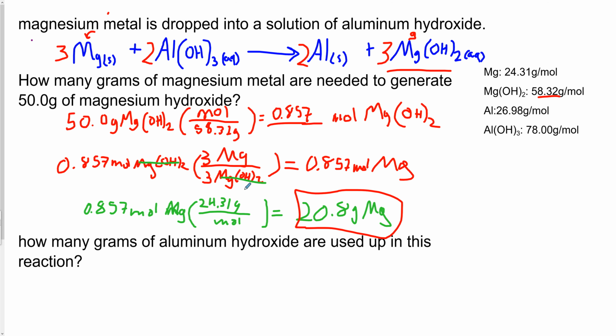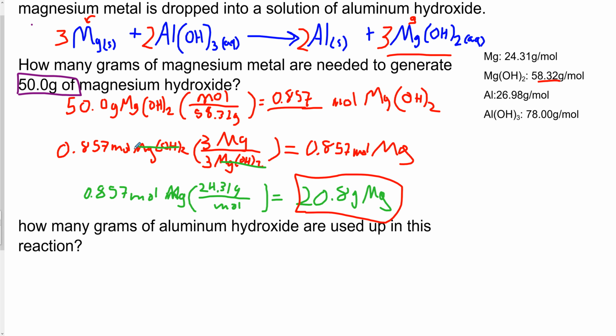So I'm going to use this value here. So I want to go from magnesium hydroxide to aluminum hydroxide. So in this case, magnesium hydroxide is still our given, but they want to know how many grams of aluminum hydroxide we need to use in order to make 50 grams of magnesium hydroxide.